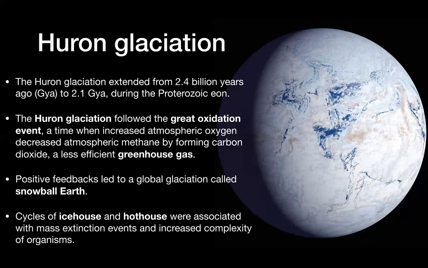At a tipping point of carbon dioxide concentration, a greenhouse effect caused rapid heating and melting of equatorial ice, which raised temperatures further as more solar radiation was absorbed. This climate cycle of icehouse and hothouse periods occurred several times during the Proterozoic. Icehouse is accompanied with mass extinctions. Hothouse is associated with increased size and complexity of organisms.